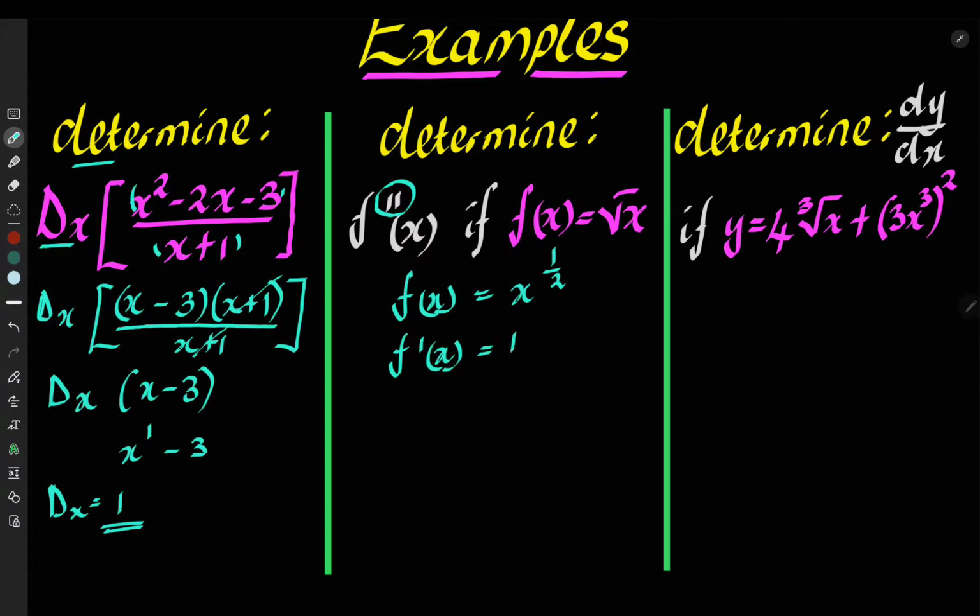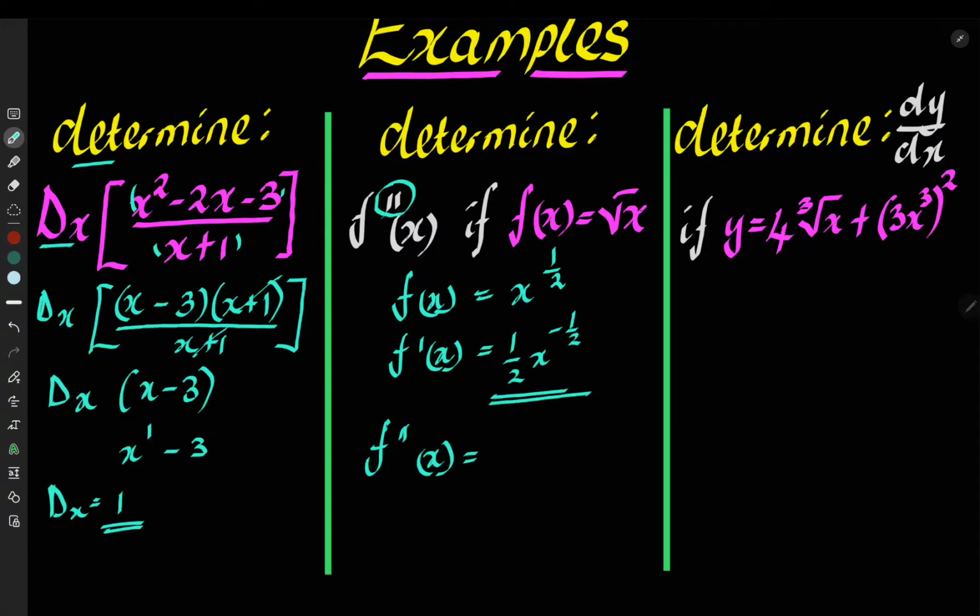And the derivative will be half x to the power negative a half, because you minus 1 on the power. But this is only the first derivative. And remember, you are asked to find the second derivative. So you can go ahead now and differentiate this first derivative again to get the second derivative.